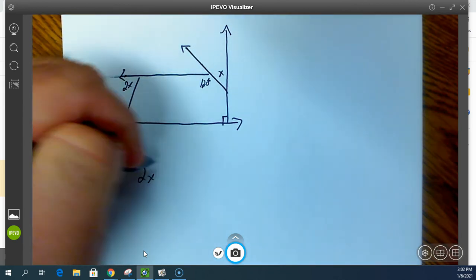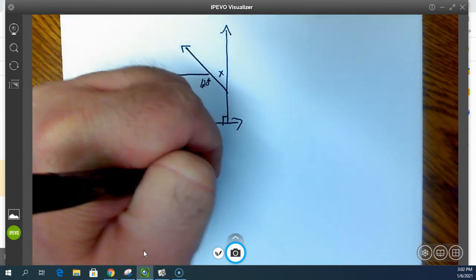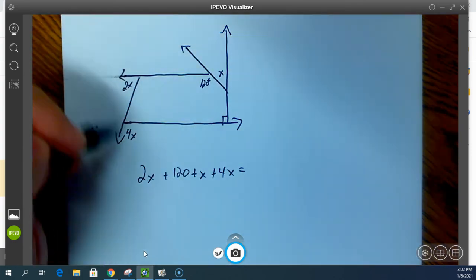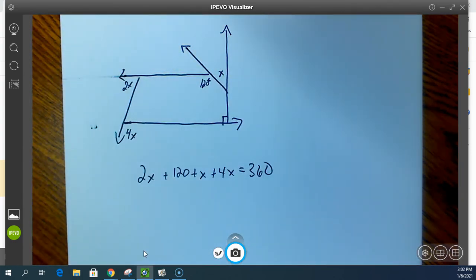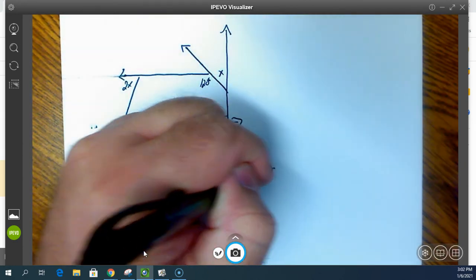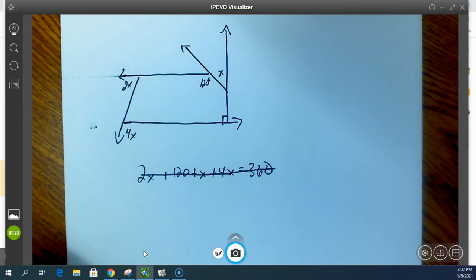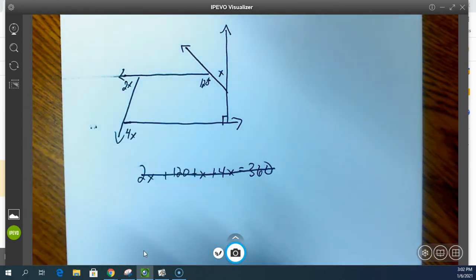I see people add all the angles together that they see, and because most of them are exterior, they set it equal to 360. This will give you the wrong answer. We don't want to do this. We need to have all the angles on the outside. So let's look at this.